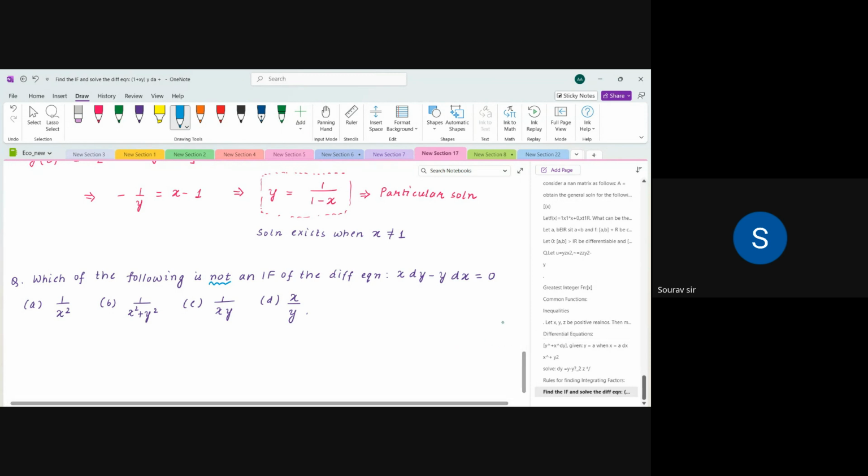Okay. So if we start with, let's say, option A, if your integrating factor is 1 upon x square, then what is your differential equation if you multiply with 1 upon x square? 1 by x into dy minus of y by x square into dx is equals to 0, right? So can anyone check and tell me if this is exact?